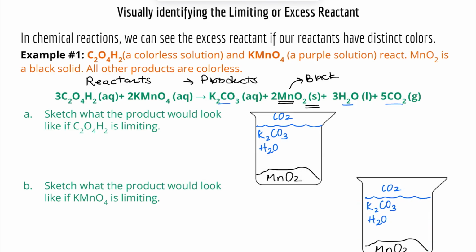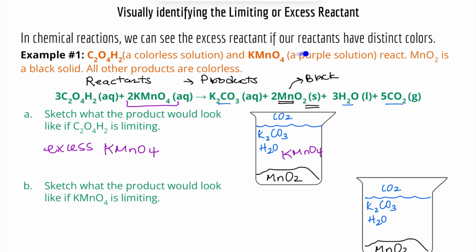If we start to think of our C2O4H2, if this is limiting, that means once this runs out, our reaction stops, and that means we would have excess of our other reactant. So that would make our excess KMnO4, meaning we would also see KMnO4 in with our products.